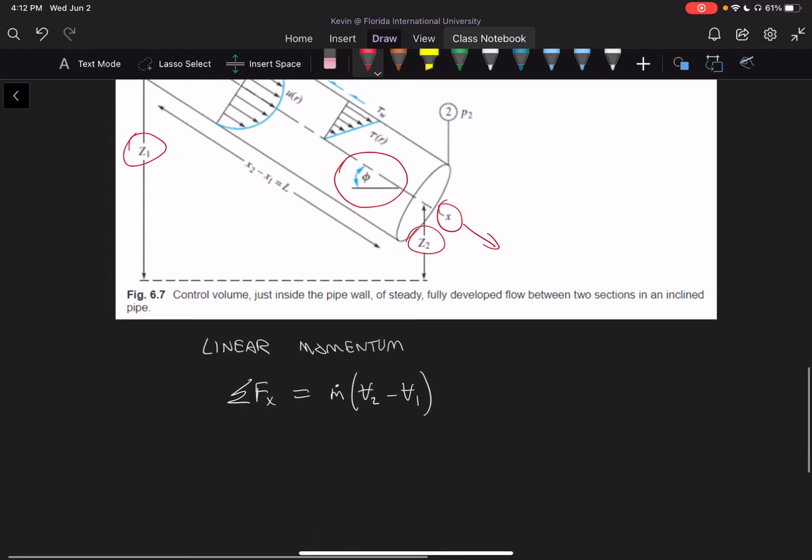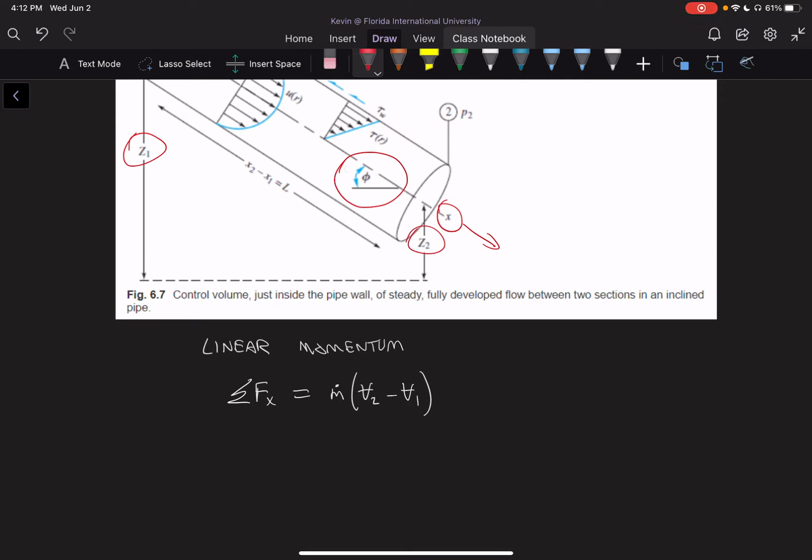All right, so we have linear momentum. We know that linear momentum is equal to m dot times v2 minus v1. Okay, the mass flow rate is constant. We have a constant area pipe, and it's just going to be multiplied by v2 at the exit minus v1 at the entrance.